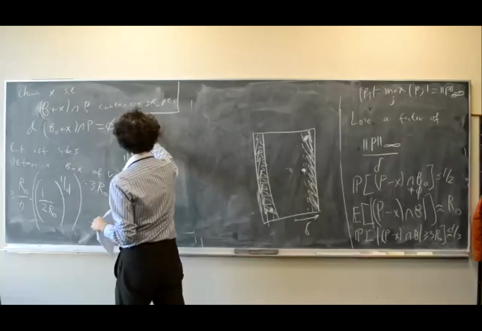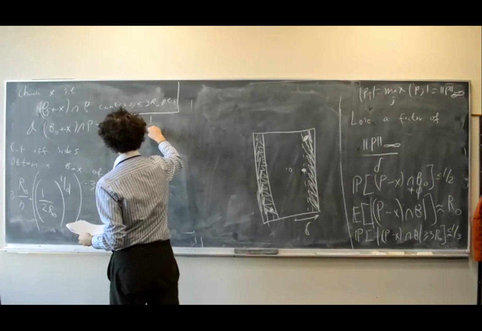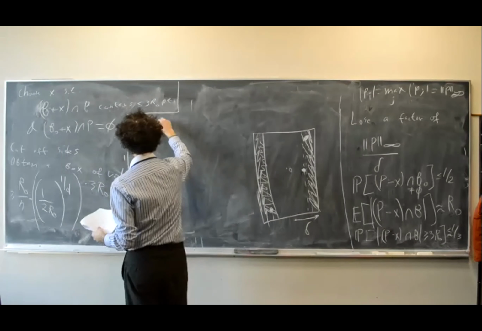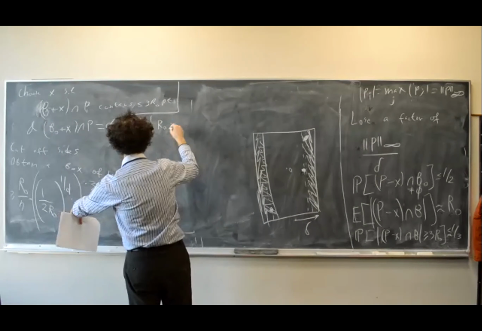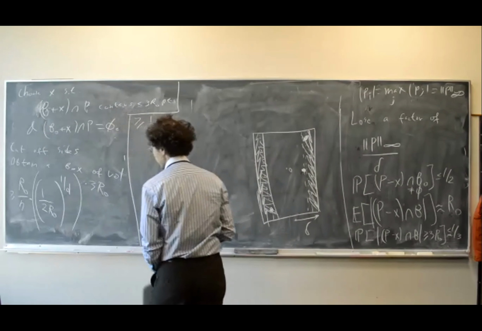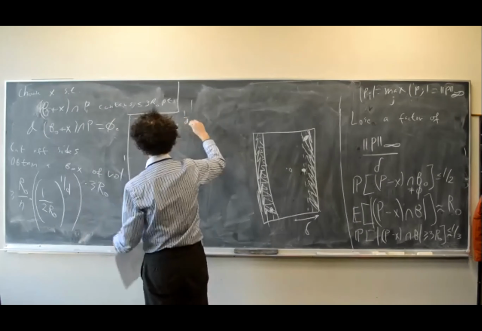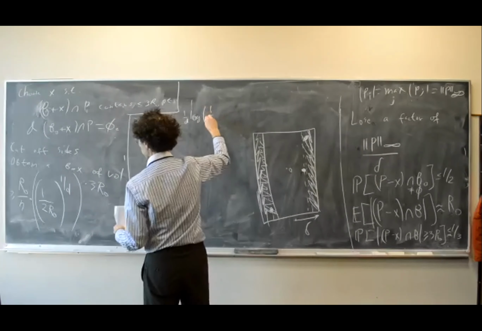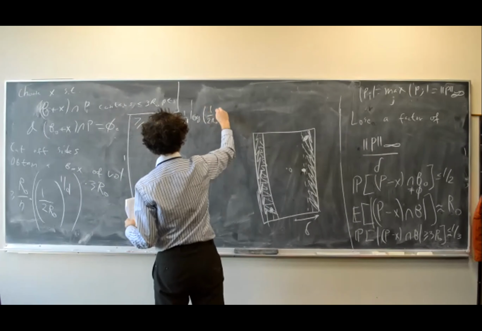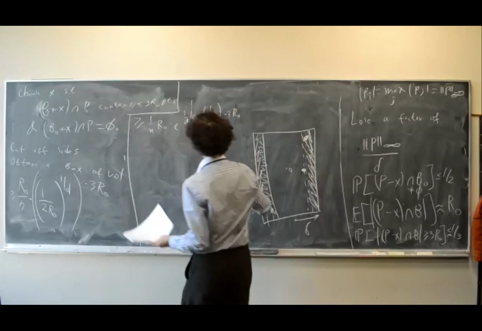This is, well, 1 over n times R naught times the exponential of 1 over d times the log of 1 over 2R naught times 3R naught.